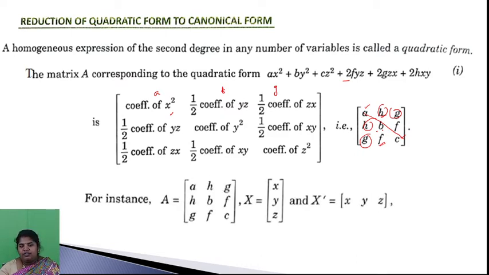Now first, from the given equation, we have to find the matrix A by using the concept coefficient of x square, 1/2 coefficient of yz and so on, and write the vector matrix X as x, y, z. Now X dash is transpose of X, so we write it as the row matrix x, y, z.